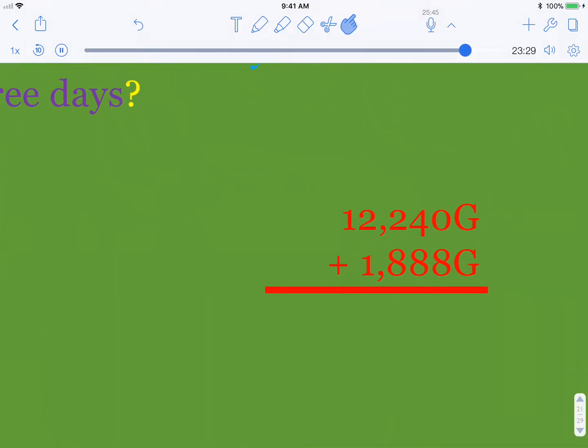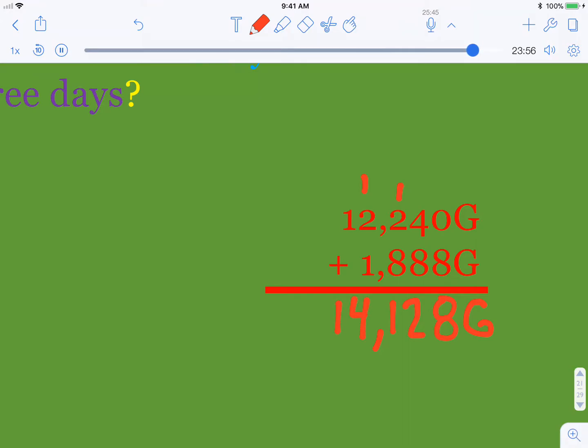So 12,240 grams plus 1,888 grams. What does that equal? That is grams. Okay, 8 plus 0 is 8. 4 plus 8 is 12. Carry the 1. 2 plus 8 is 10, plus 1 is 11. Carry the 1. Don't forget your comma back there. 2 plus 1 is 3, plus 1 is 4, and then 1.